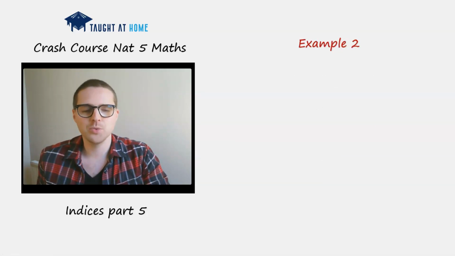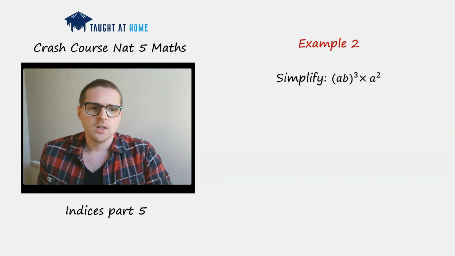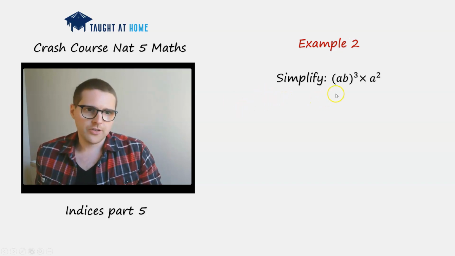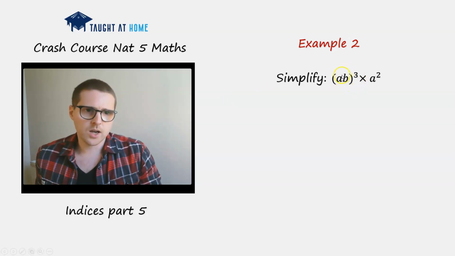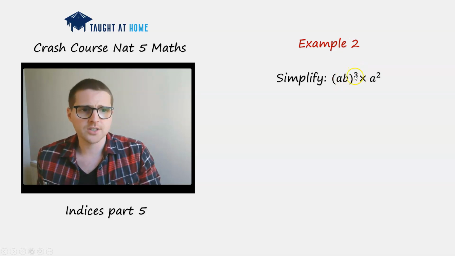Example 2. Simplify ab all cubed times a squared. The fourth law of indices states that because we've got two pronumerals in the brackets that are being multiplied, and all of that has been raised to the power of 3, we're going to apply this power to each of these individual terms. So we'll do that first.